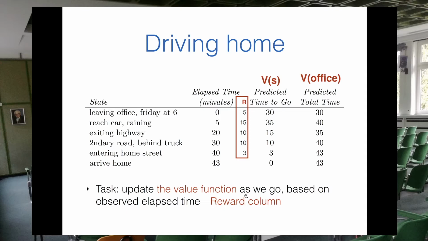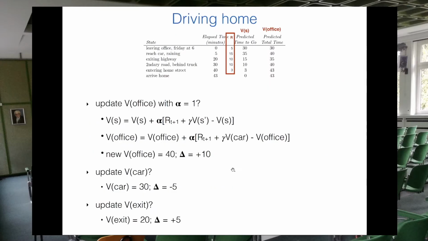So how can we apply the temporal difference rule to update the values of these states? Suppose that the alpha that we are going to use is 1. We have here the learning rule, where we see again the reward and the gamma times the value of the next state.